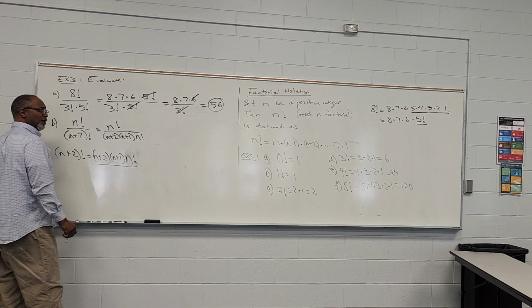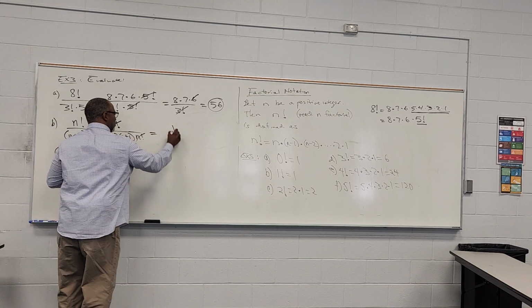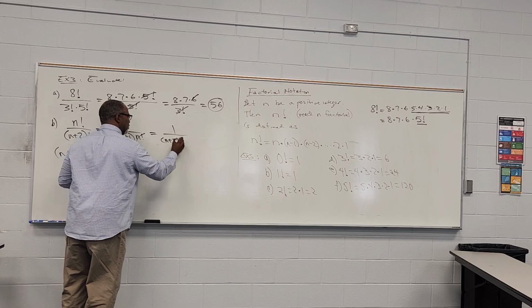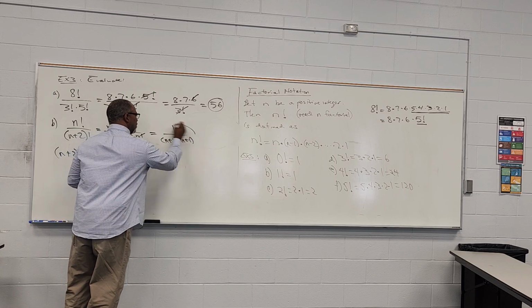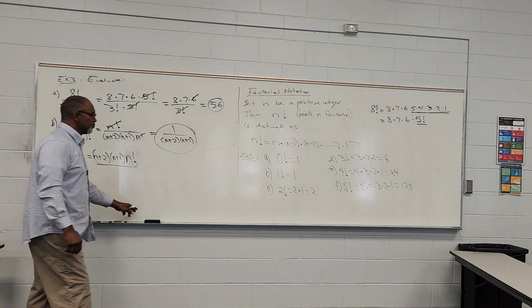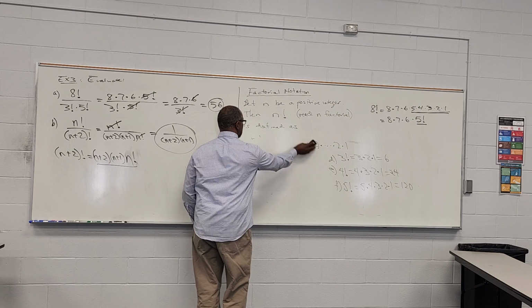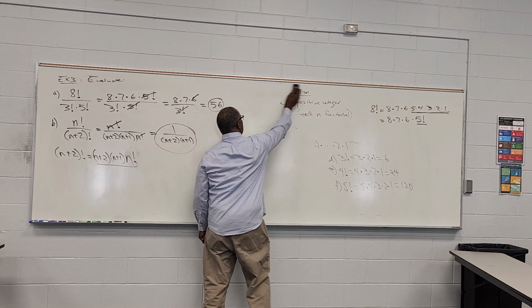Now I can say these cancel. So I'll have 1 over n plus 2, n plus 1. That'll be my answer. This is how we're going to handle these factorial problems.